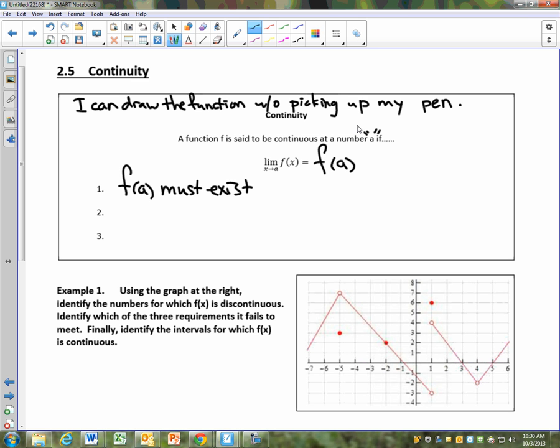So anyway, Kira doesn't understand what that means, but she would understand drawing something without picking up your pencil, and that's what this means. So in order for those things to be true, f of a, the output, must exist. You can't have an open circle spot there. Also, the limit as x approaches a of f of x must exist.